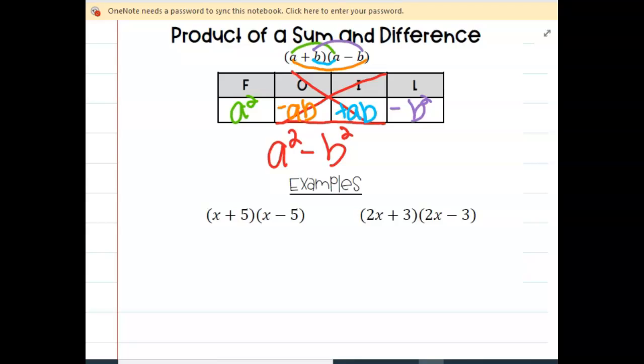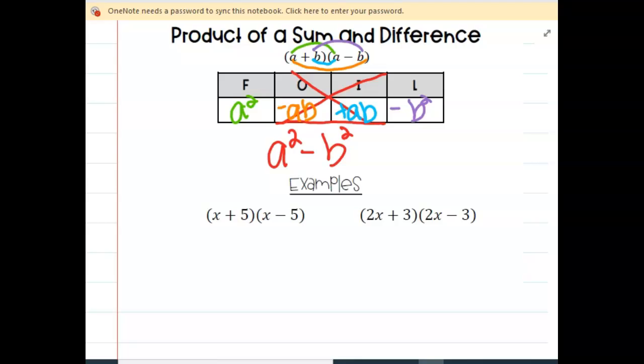If you have the same exact thing in both sets of parentheses, a and b, the O is going to be a and b. The I is going to be the b and the a. You're always going to be multiplying the same things, a and b, because you have an a in one parentheses and a b in one parentheses, same thing in the other one.